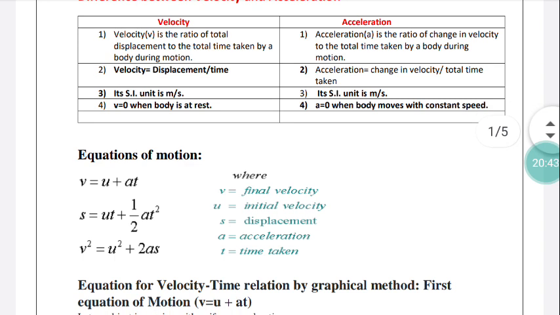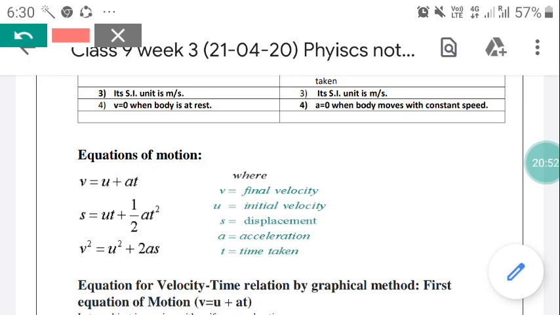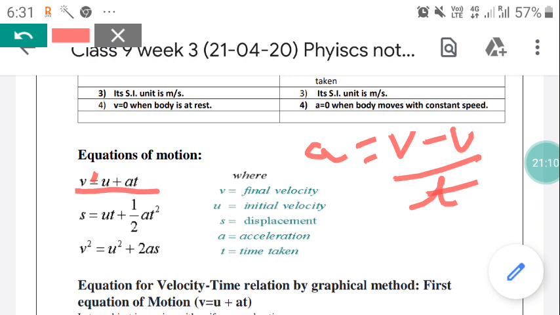Now, equations of motion means equations to represent motion. These are the three equations of motion which we use in numericals and to calculate any derivation. The first equation is v is equal to u plus at. This can be calculated like that. We know that a is equal to v minus u by t. If you cross multiply it, it will come v minus u is equal to at.